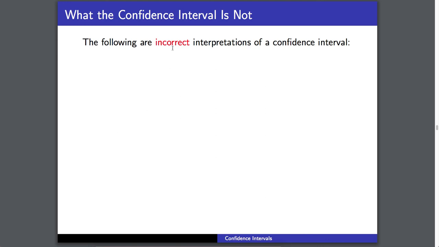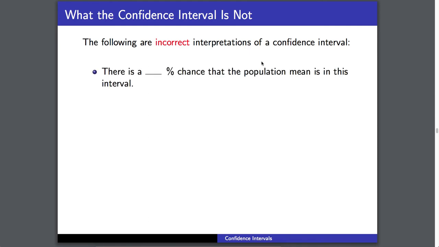The following are incorrect interpretations of a confidence interval. Part 1: there is a blank percent chance that the population mean is in this interval. In our last example, an incorrect interpretation would be that there is a 98% chance the population mean is in any one of those 2 intervals from the previous couple of problems.